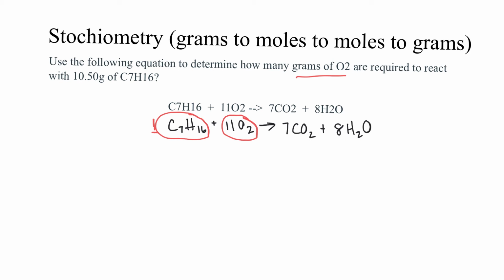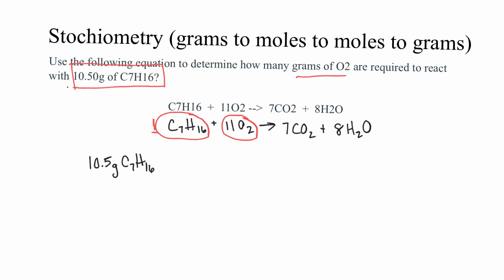And so again, we're going to start with what we're given. And this is our given. This is what they're giving us in the problem. So we're going to start with 10.5 grams of C7H16.